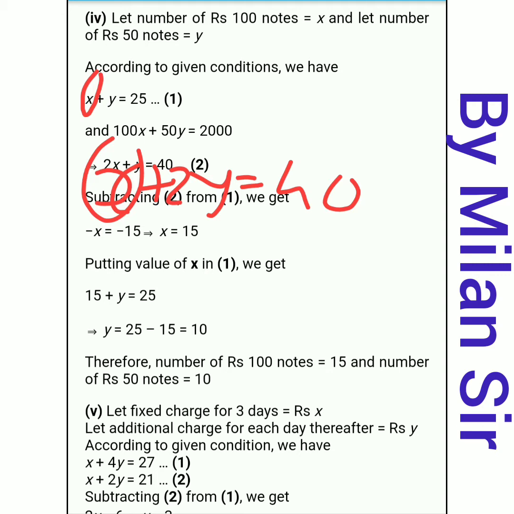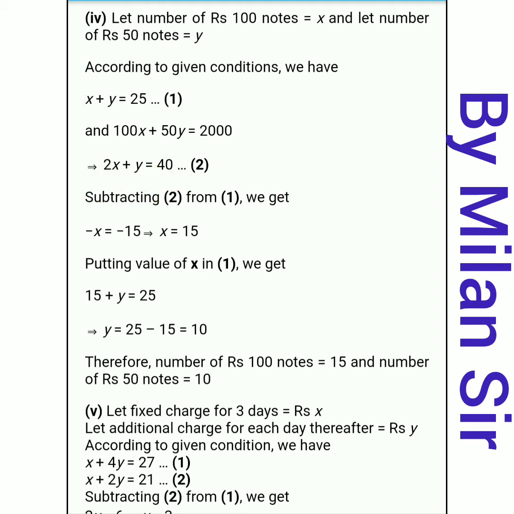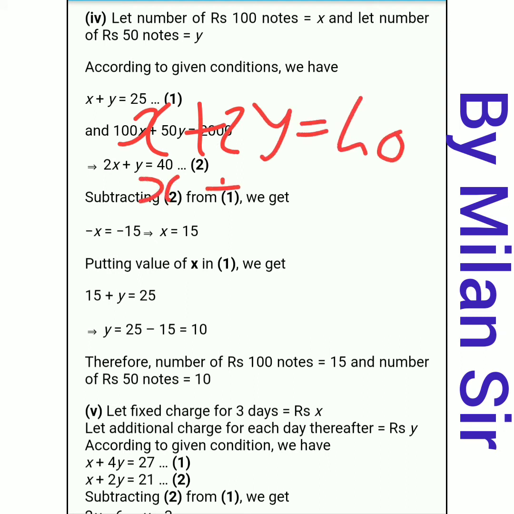So just write down, subtract equation 1 from equation 2. First of all we write equation number 2: x plus 2y is equal to 40. Then write down the first equation, x plus y is equal to 25. Here we use the subtraction process, so we need to change the signs.